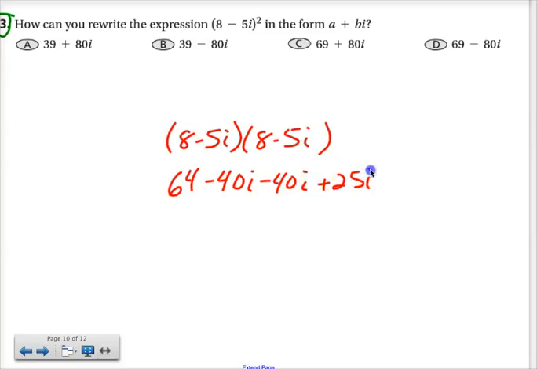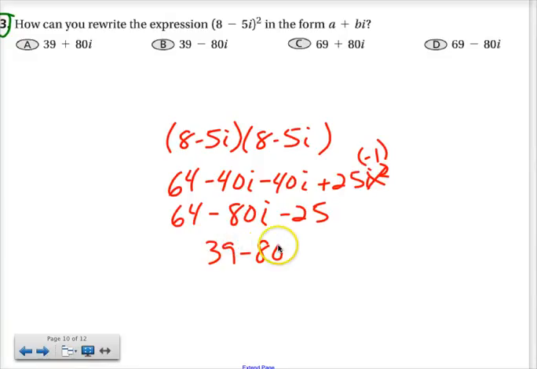And then last times last. So that will give us 64 minus 80i, and then minus 25, because that i squared is a negative 1. Then we take our 64 minus 25 and get the answer of 39 minus 80i. And that's answer B.